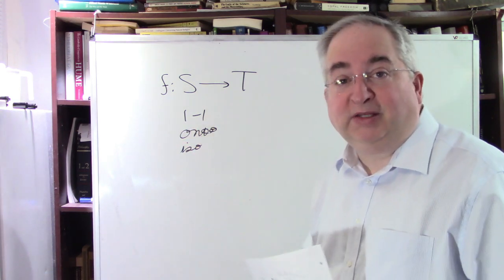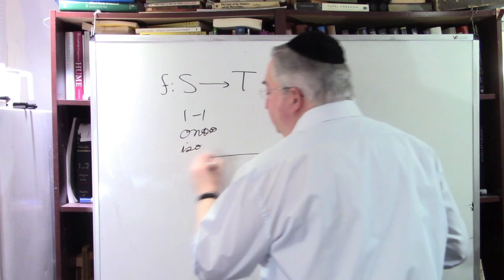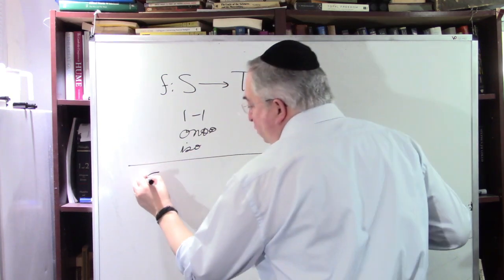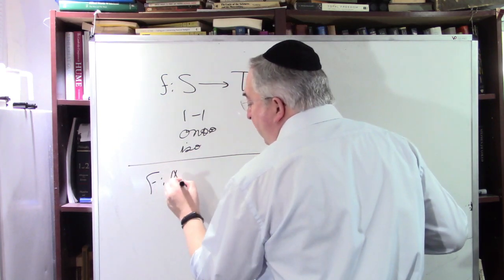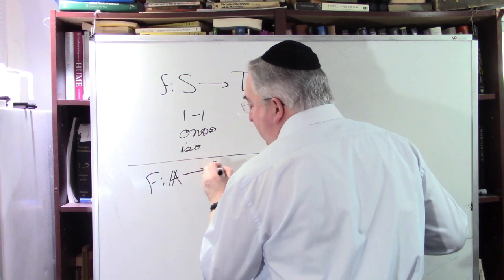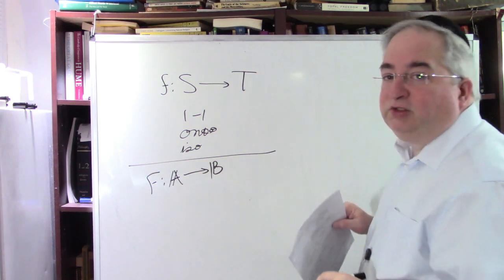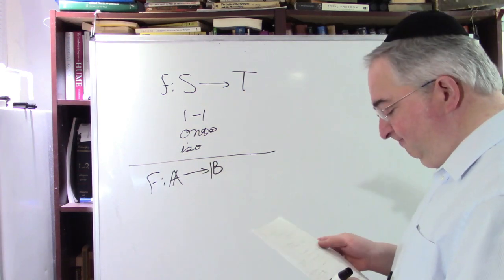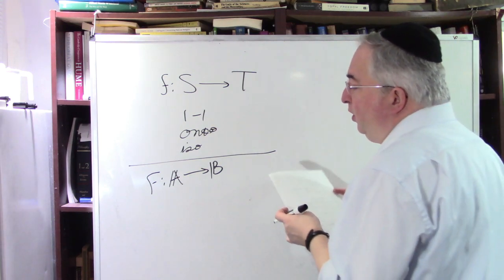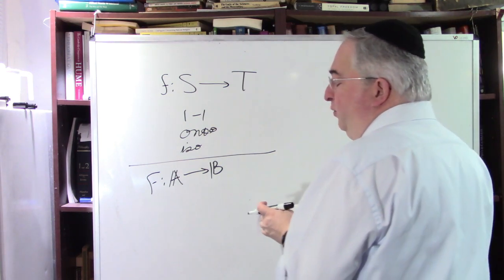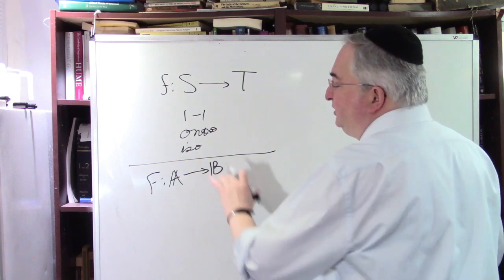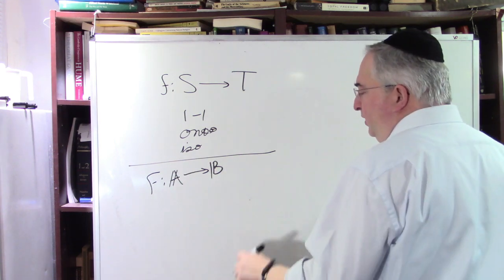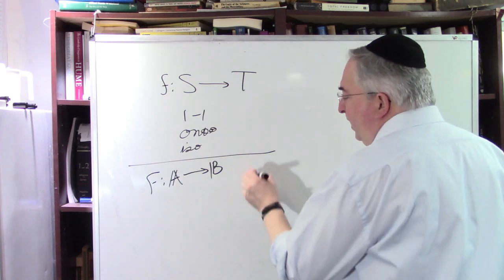Well, that's what we talked about when we were talking about sets. We're not talking about sets anymore. Now we're talking about functors between 2 categories. And so we have a lot of different potential properties that we can say about this functor. First of all, we can talk about objects.